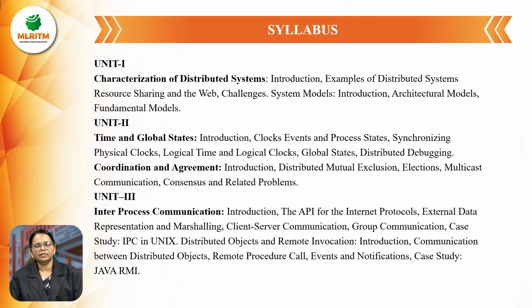And the second part is system models: introduction, architectural models, fundamental models. So this is the first unit. This unit is mainly focused on what distributed systems are, why they are built, and the blueprints used to design them.